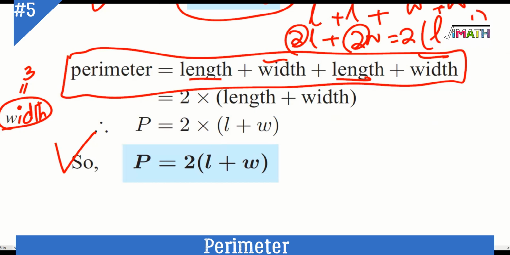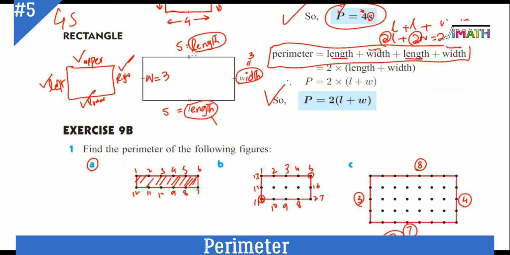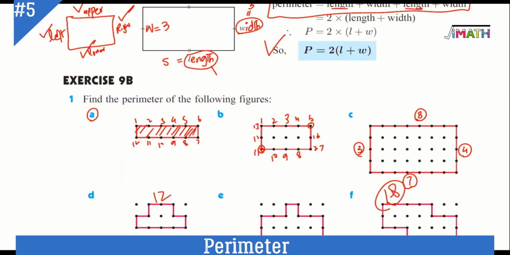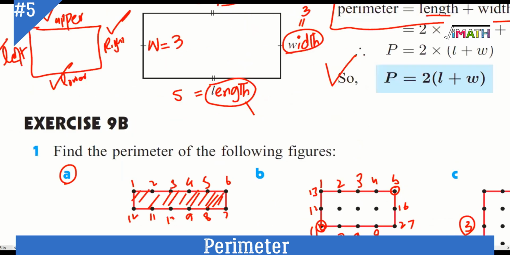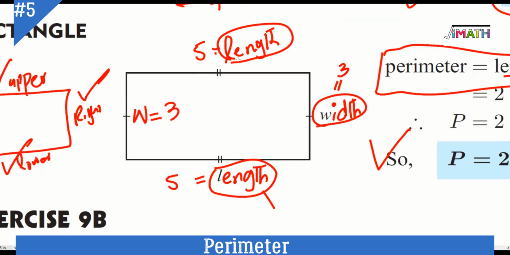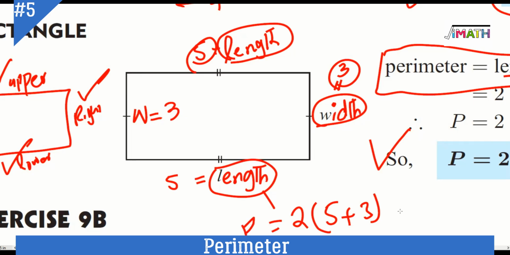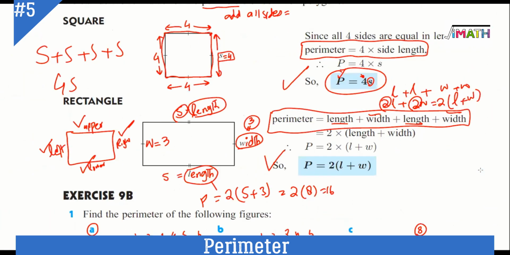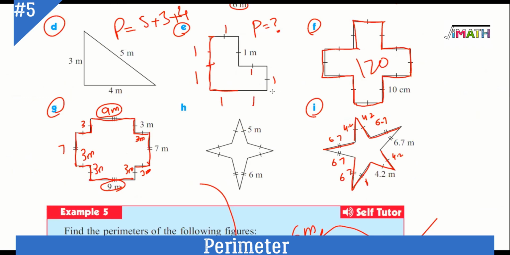So just remember the formula for the perimeter of the rectangle. If we apply this formula here, we would say 2 times length 5 plus width 3. So the perimeter is going to be 2 times 8, that is 16. So let's apply this formula here.